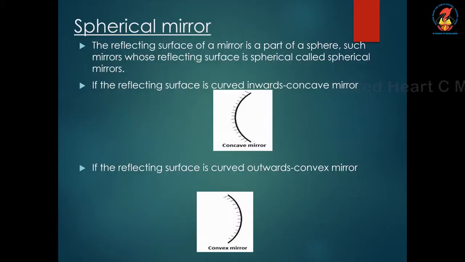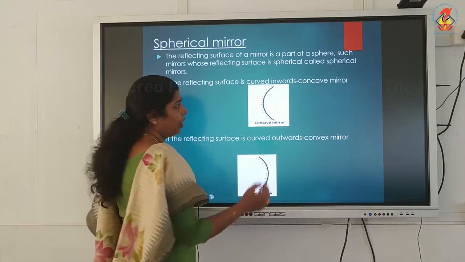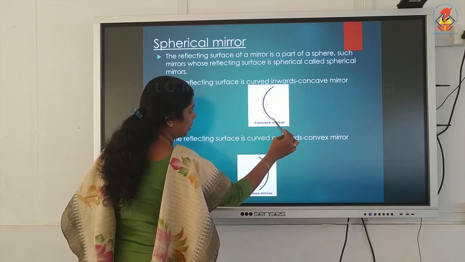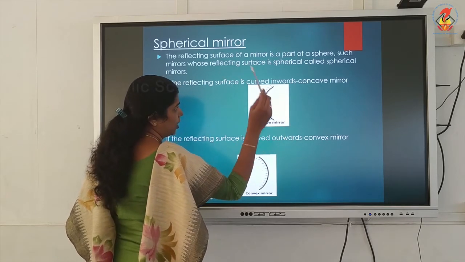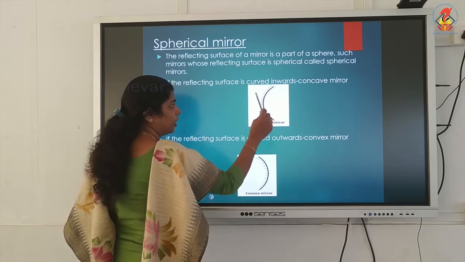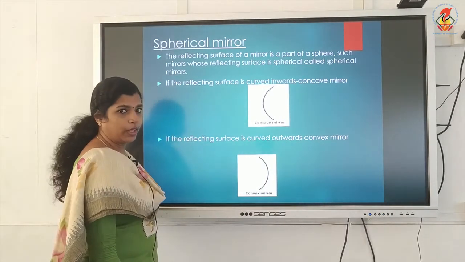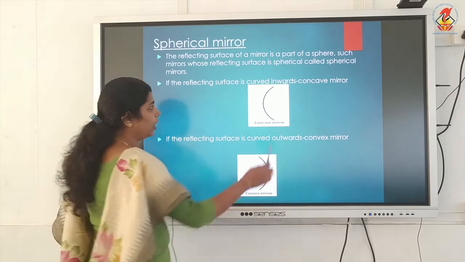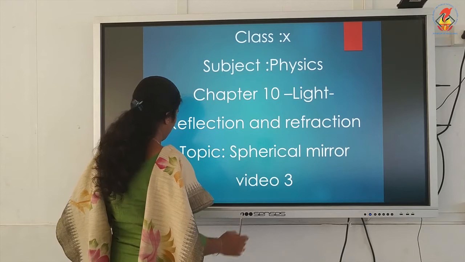If the reflecting surface is curved inwards, this surface is a part of a sphere. The shaded line shows that part is not reflecting the light.